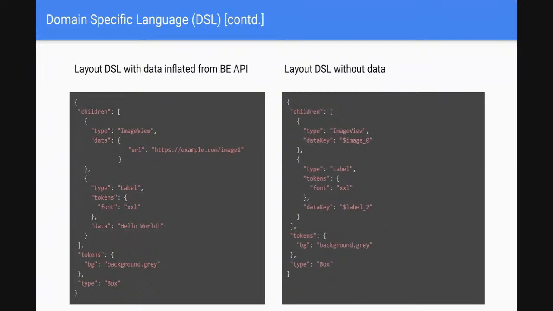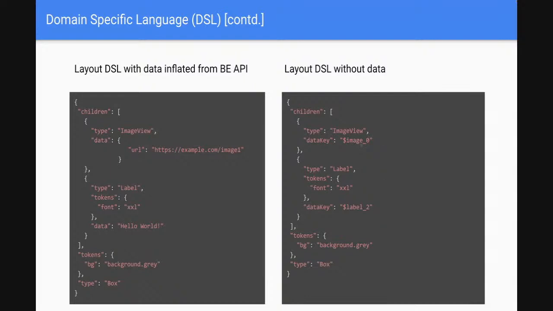Basically, in the first approach, we could have done something like image view and fill in the data from the backend. So image view needs data for, say, rendering the image. It needs the URL of the image, right? So backend would have filled in the data because it knows where to fetch the data from, and it would have provided us the response with the data filled in automatically in the response itself, versus keeping it totally separate.